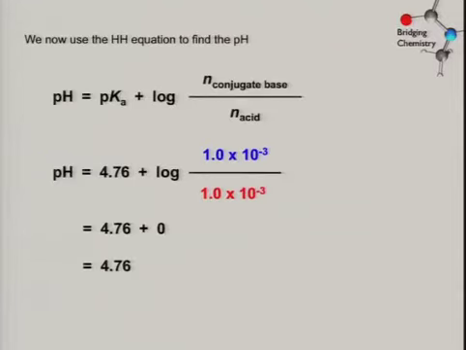And so now we can put them back in. And what we find is what we found before. Because in this particular situation, the amount of the conjugate base is the same as the amount of the weak acid, then the pH of your buffer solution is equal to the pKa of the weak acid. So again, it's equal to 4.76.